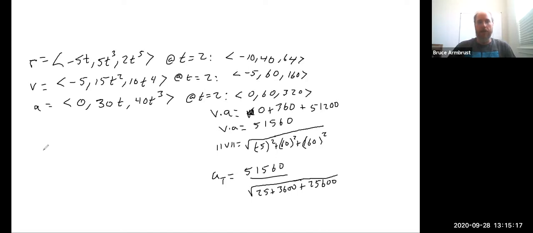Using the Pythagorean theorem, the magnitude of A sub n is going to be the magnitude of A squared minus the magnitude of A_T squared. That is my A_T, because this isn't a vector, it's just a component of it. It's just the Pythagorean theorem.